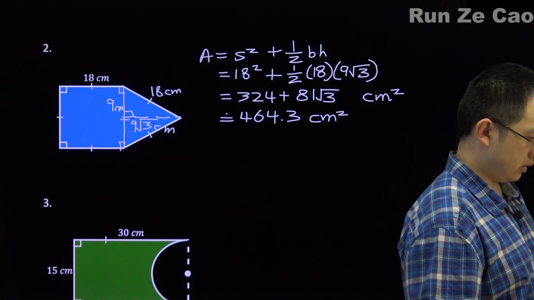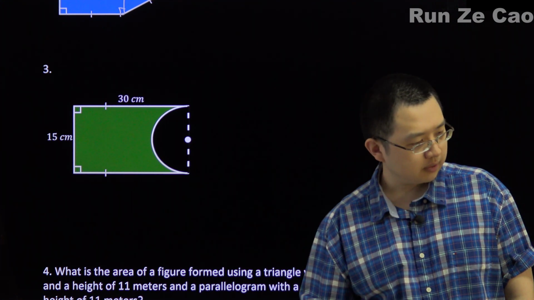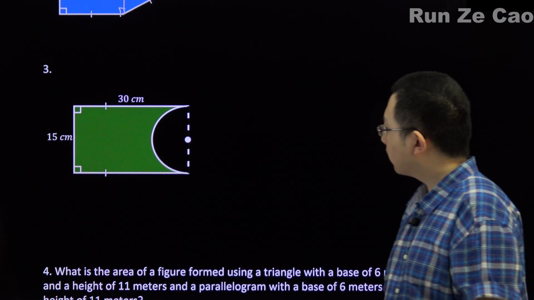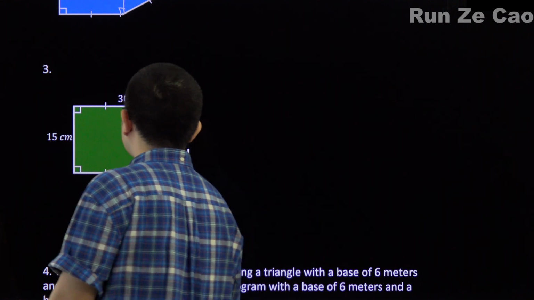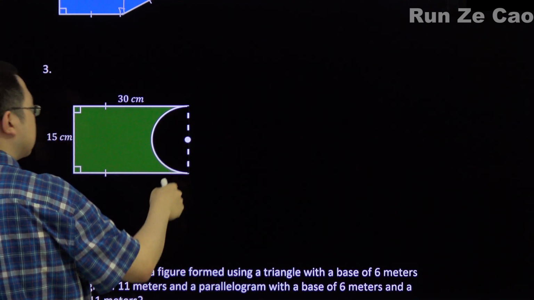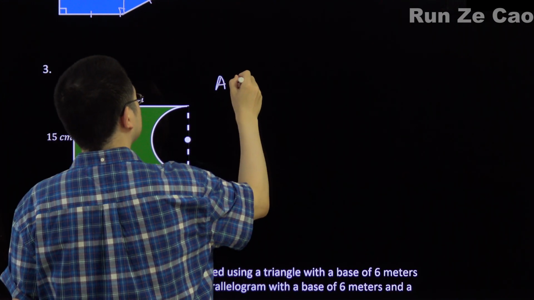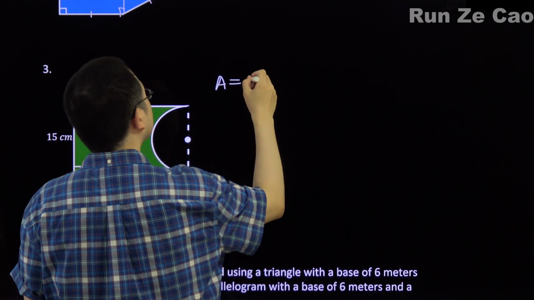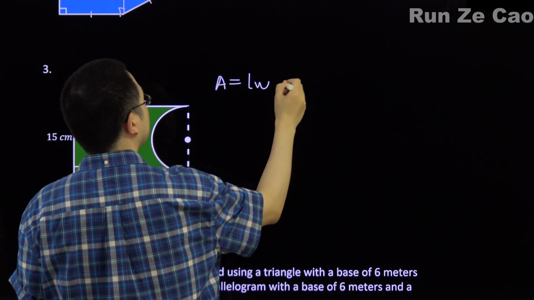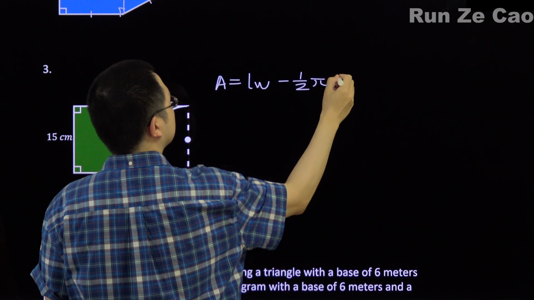So let's say we have this shape here. It's a rectangle minus a semicircle. So the area is length times width minus 1/2 pi r squared.